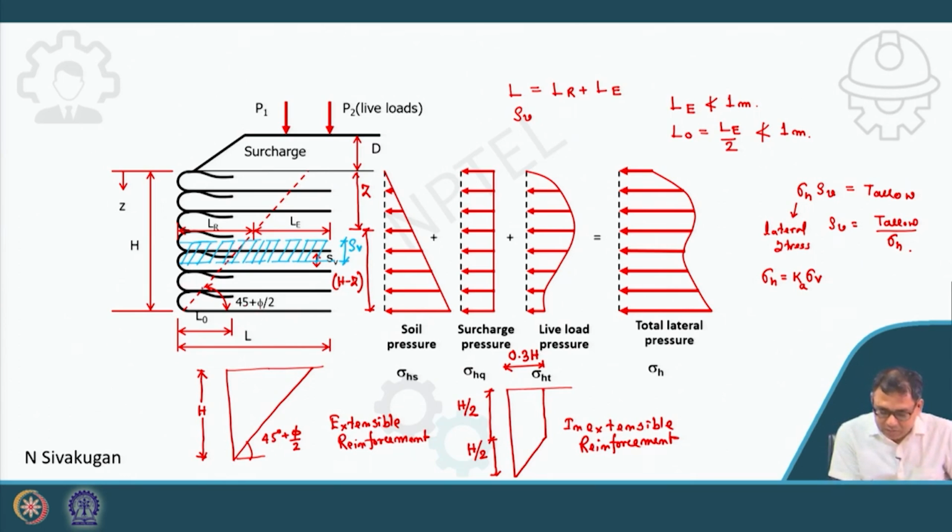So, this angle will be 45 minus phi by 2. This is 45 plus phi by 2, and this will be 45 minus phi by 2.